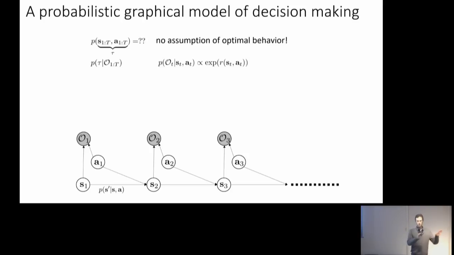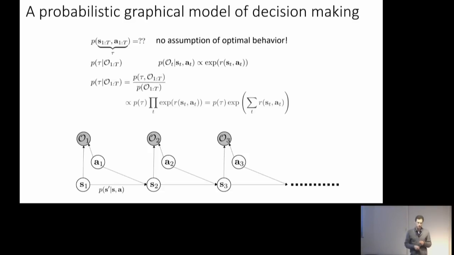And in the non-variational case, we saw that if we choose the optimality variables to have the probability proportional to the exponential of the reward, then if we work through Bayes' rule and so on, we end up with the probability of a trajectory being proportional to the probability of that trajectory happening under the dynamics of the system times the exponential of the total reward of that trajectory.